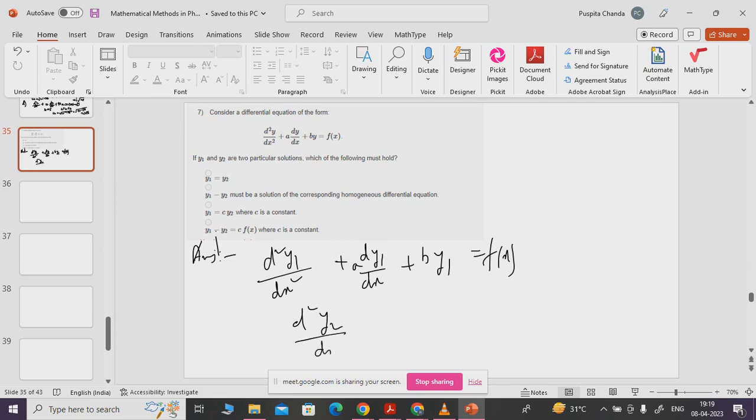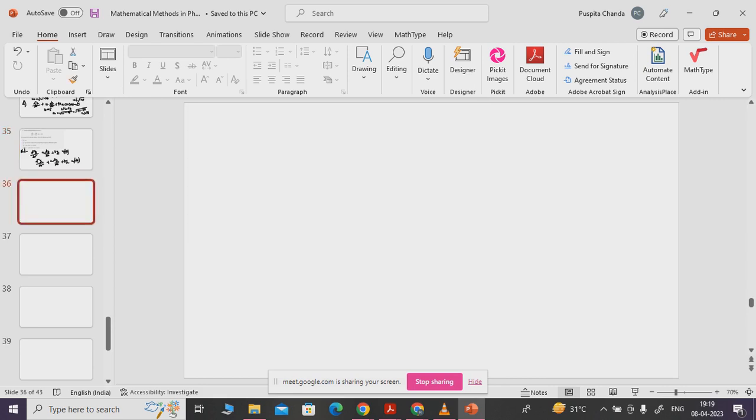And also we know d square y2/dx square plus a dy2/dx plus b y2 equals the function of x.